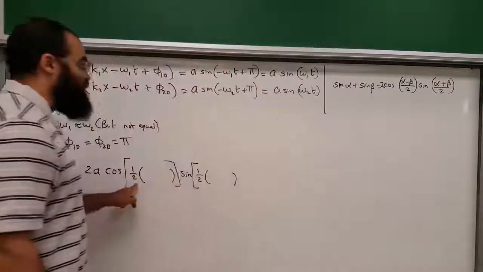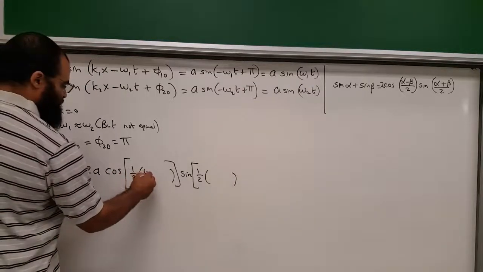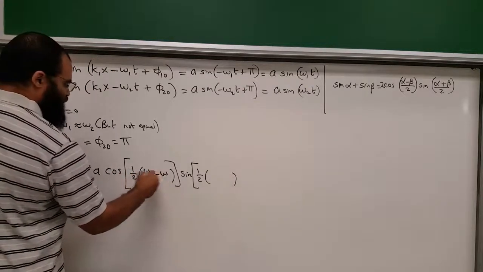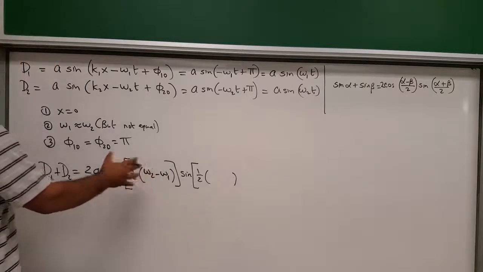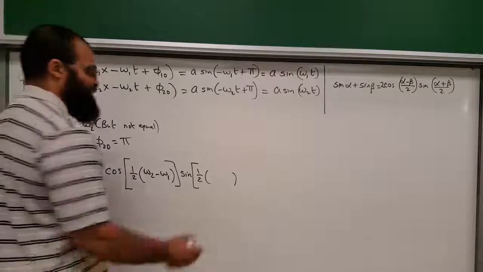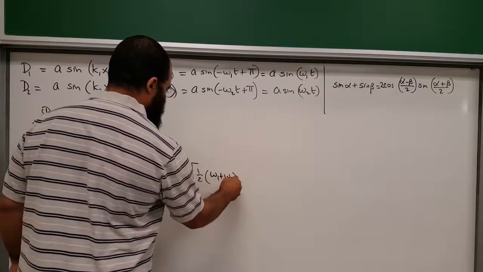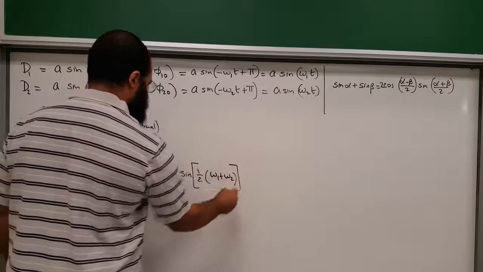So omega 1 minus omega 2, or omega 2 minus omega 1, it does not matter. Just put omega 2 minus omega 1. Cosine is an even function, so cosine of negative theta equals the cosine of theta. The sine is just the sum of the two, so omega 1 plus omega 2, or omega 2 plus omega 1, it doesn't matter.